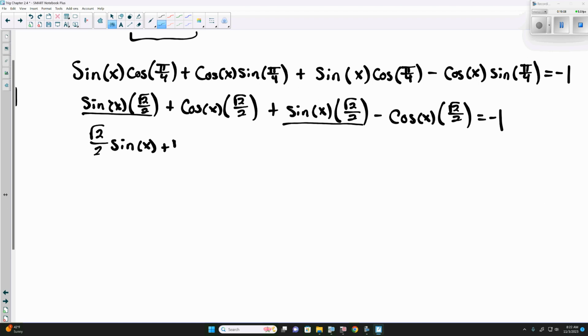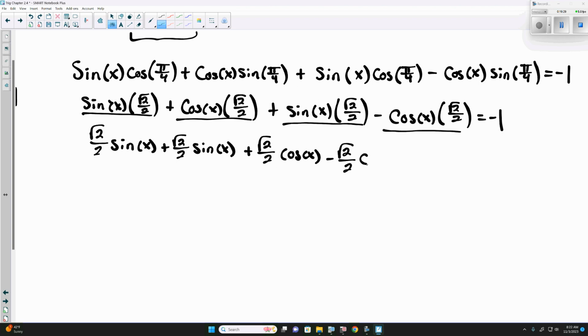Here, we also have square root 2 over 2 sine of x. Those are like terms. We will combine them in a second, which leaves our other two. This one here is square root 2 over 2 cosine of x. And our last one is negative square root 2 over 2 cosine of x is equal to -1.